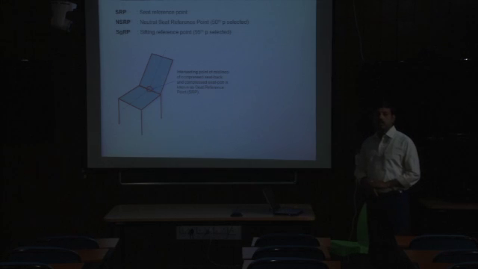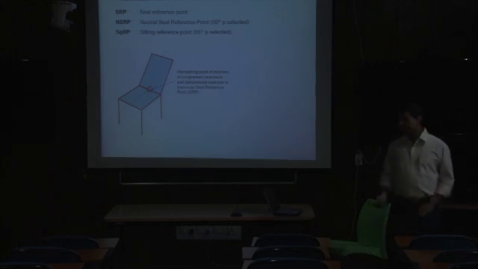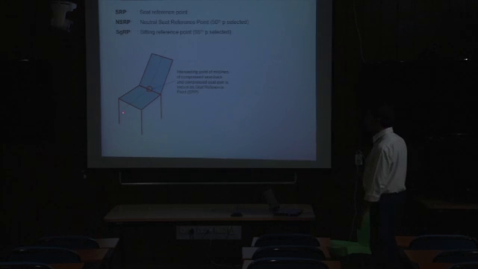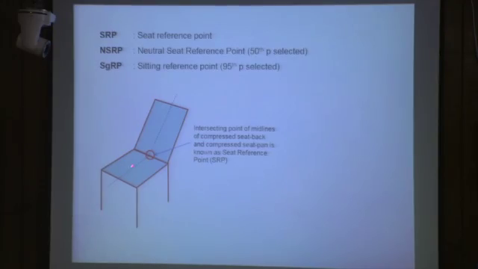For any seat, this is a point on the seat where the midline of the compressed seat back and the midline of the compressed seat pan intersect. The intersecting point of the midlines of the compressed seat back and compressed seat pan is known as the seat reference point.